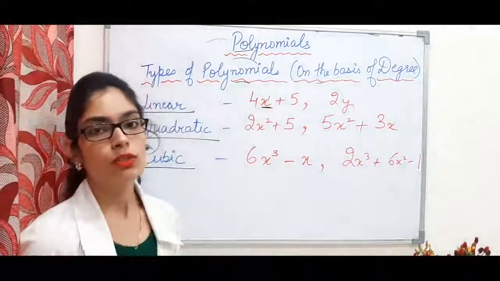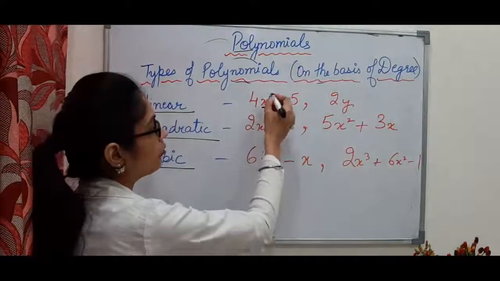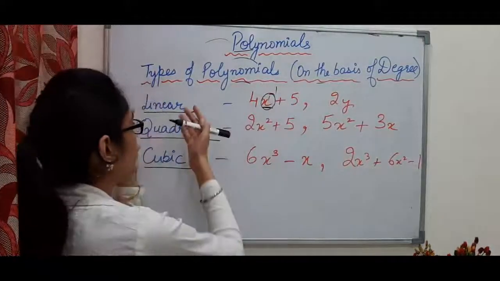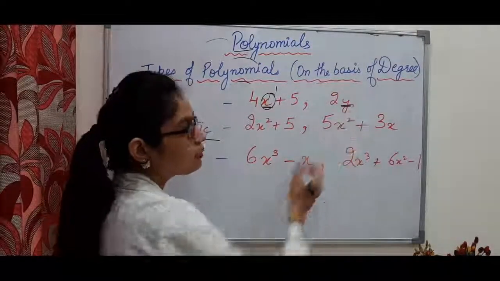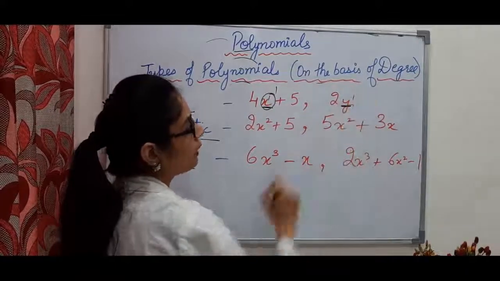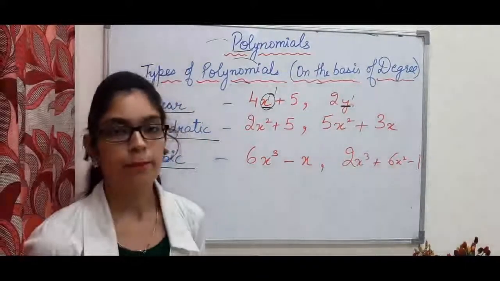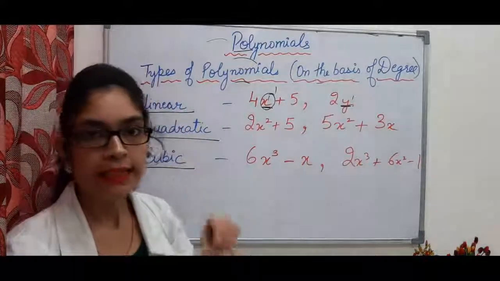The only thing you have to see is the degree of this variable. Here the degree of this variable is 1, due to which it is a linear polynomial. Again here the variable is y and its degree is 1, because y is written only one time. So whenever the degree is equal to 1, that polynomial is a linear polynomial.